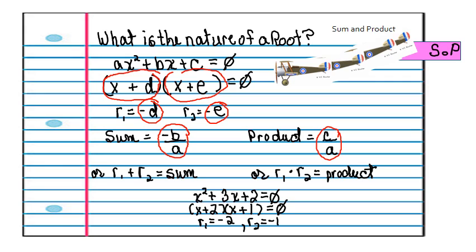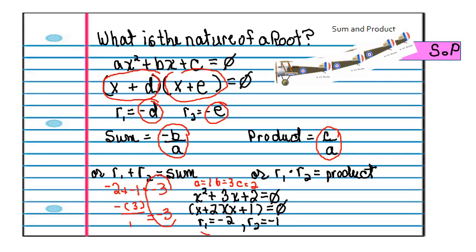So we can take the equation where a equals 1, b equals 3, and c equals 2. If we factor it, we get our first root is negative 2, and our second root is negative 1. So we can add them together: negative 2 plus negative 1 gives us a negative 3. Putting it back into the coefficient form gives us a negative, and then the 3 over the 1, which gives us a negative 3.